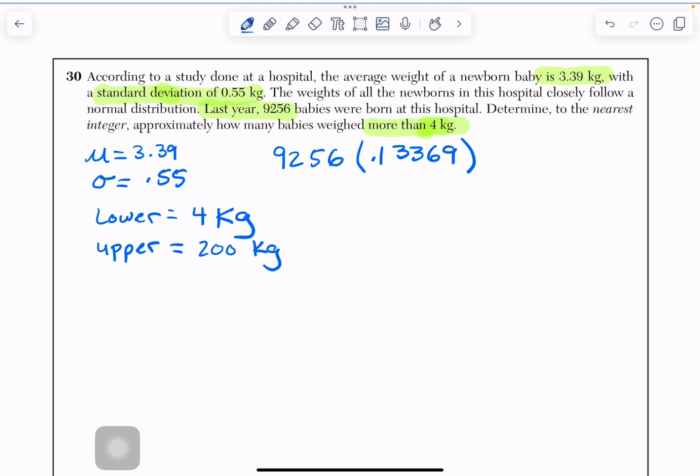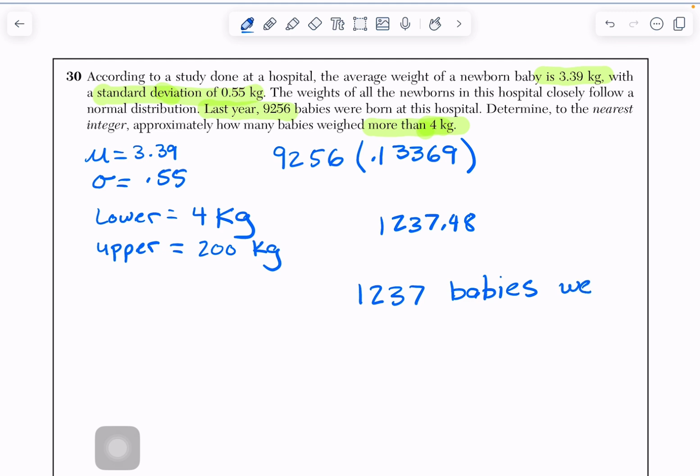So we have to multiply those two numbers, and when we multiply them, 0.13369 times 9,256 is 1,237.48. So we could say 1,237 babies, rounded to the nearest integer, were born weighing more than 4 kilograms.